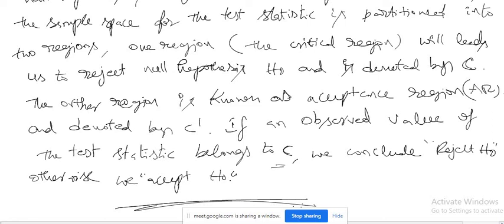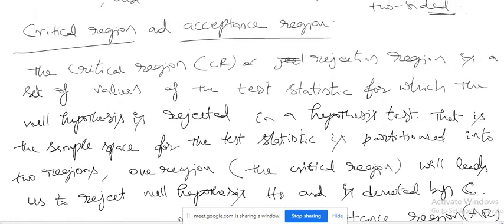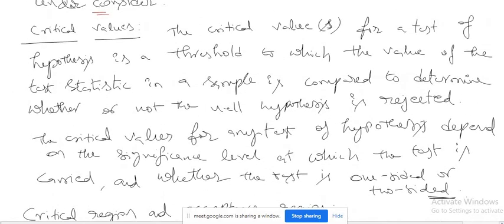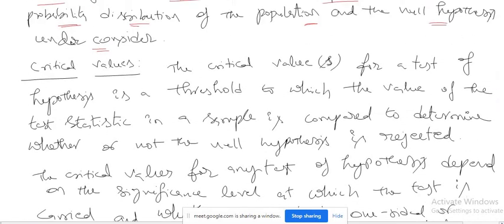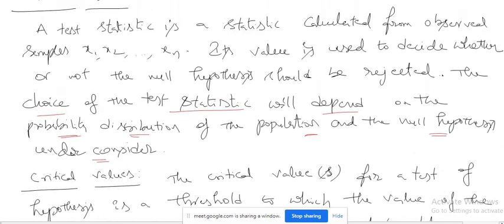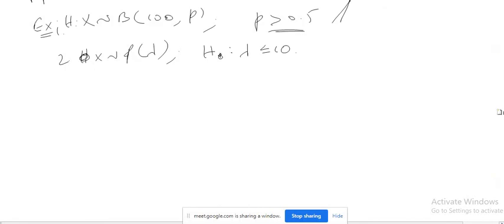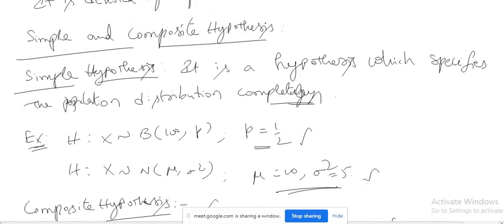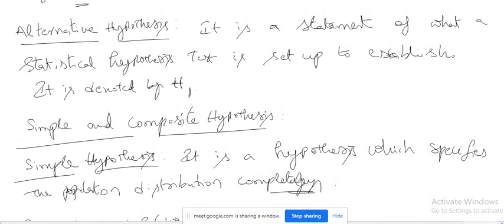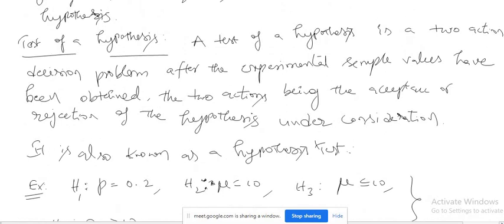In the next class we will continue. Look at critical region, acceptance region, critical values. Critical values is different, critical region is different. Test statistic, and then composite hypothesis, simple hypothesis, alternate hypothesis, null hypothesis, and hypothesis.